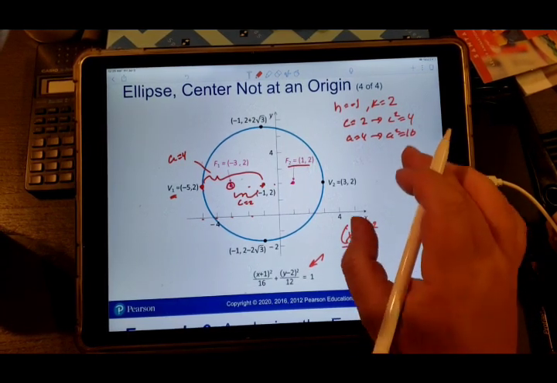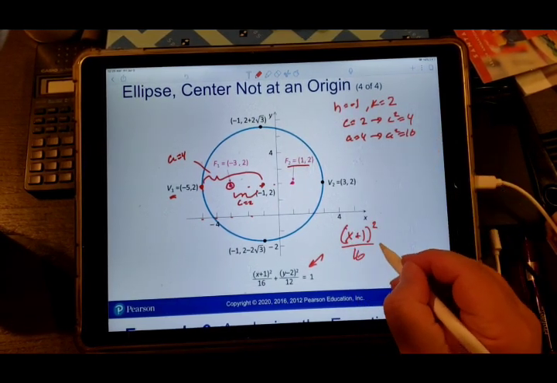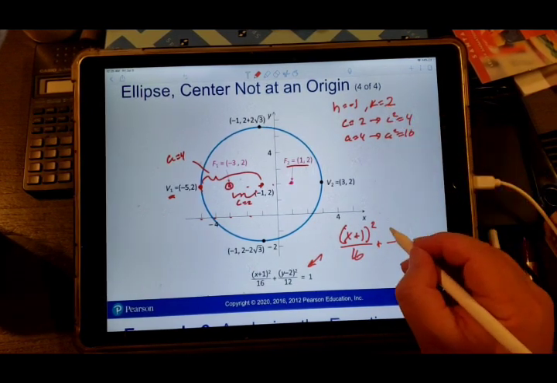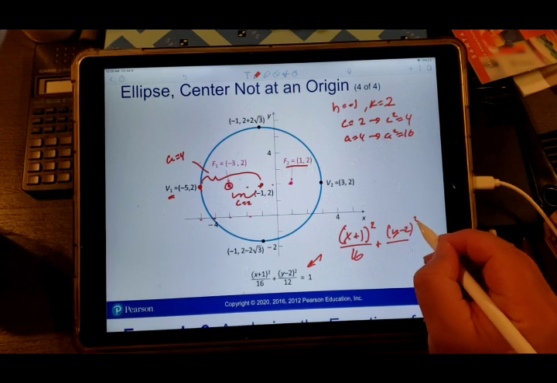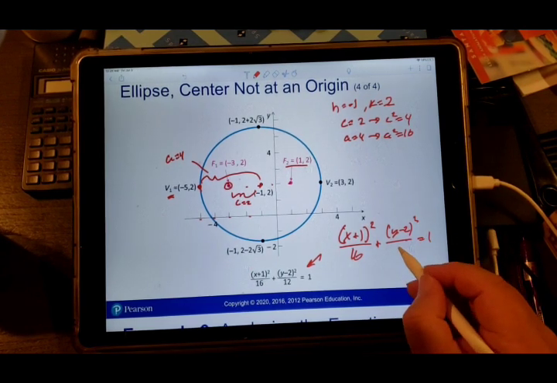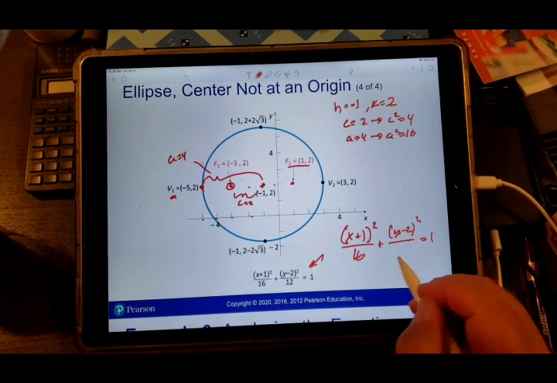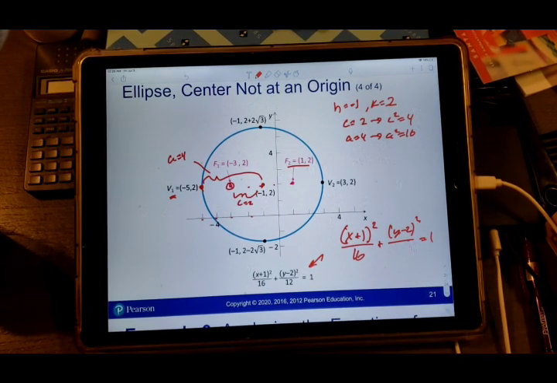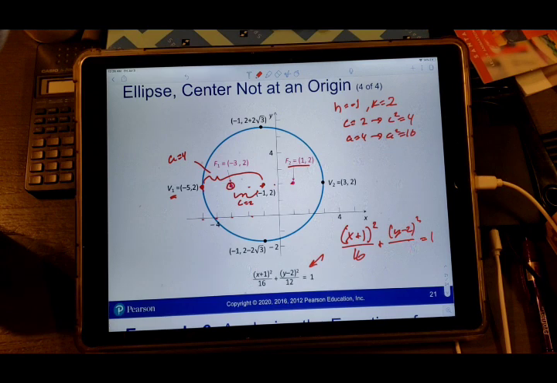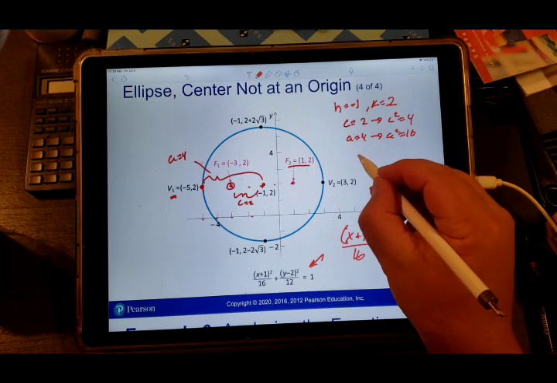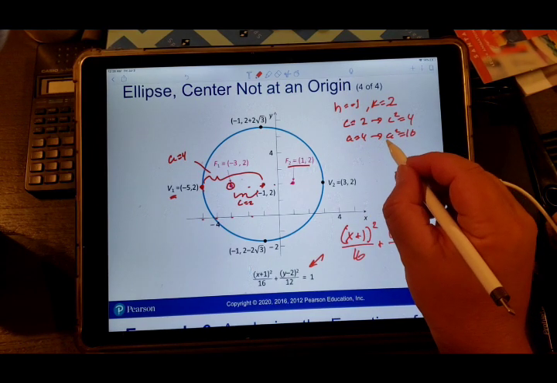I have x minus -1 squared over A squared, which is 16, plus y minus k, so y minus 2 squared, over B squared. And that's the one thing I don't have, B squared. I don't know what that is yet because I haven't run that calculation. But the calculation is just, A squared is going to be the bigger one.